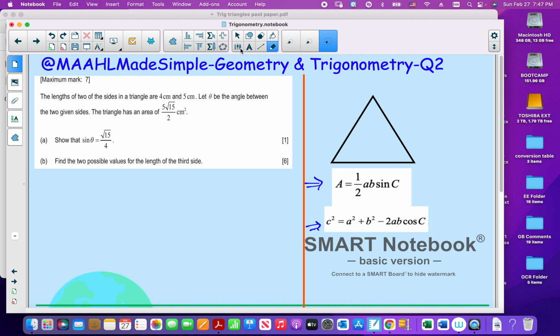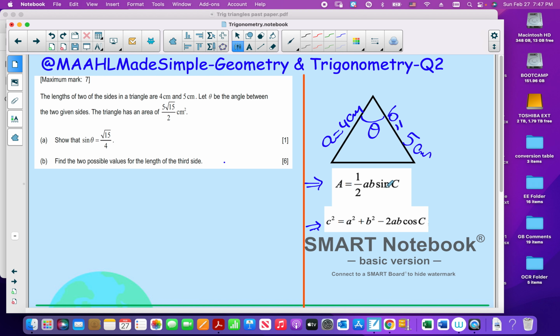They gave me a triangle that has two sides. Let's call this A, which is 4 centimeters, and this is B, which is 5 centimeters, and this is the angle in between, theta. And they are telling me the area is given to be 5 root 15 over 2 centimeters squared. Show that sine theta is equal to root 15 over 4.